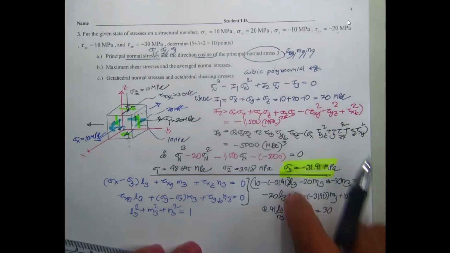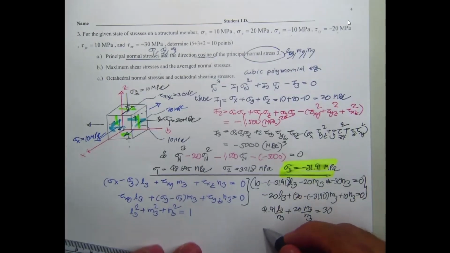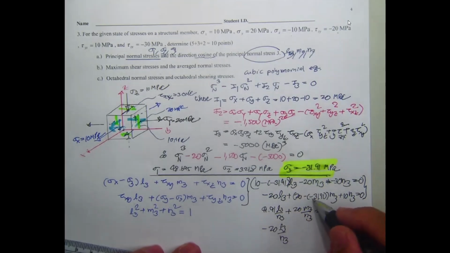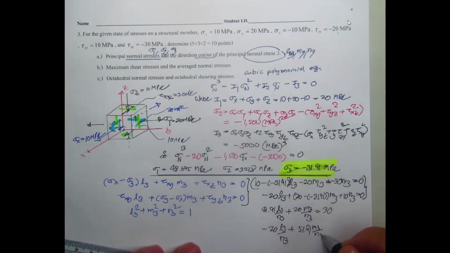And the other equation is going to be minus 20 L3 over N3 plus 51.91 M3 over N3 minus 10.